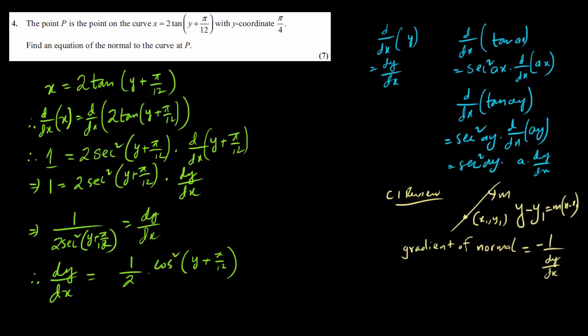Remember, this is not the gradient of the curve. It's the derivative of the curve, an expression for the gradient of the curve. So we have to put in the value of the y coordinate, pi by 4.